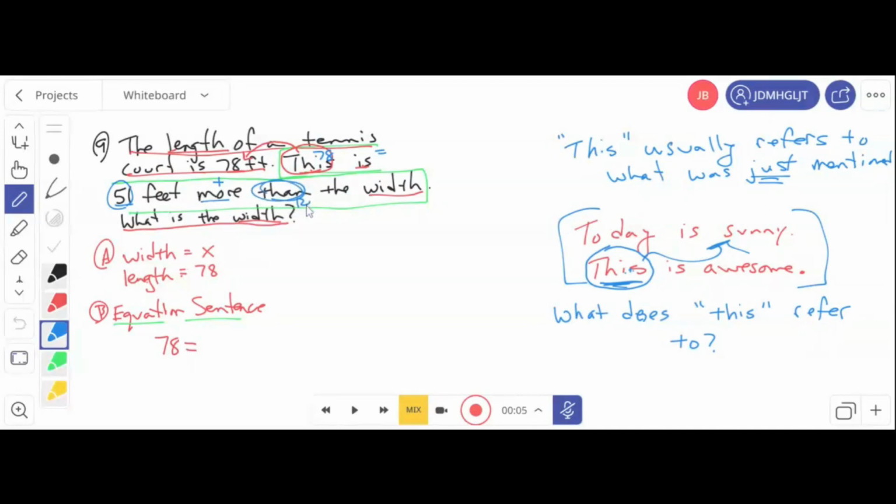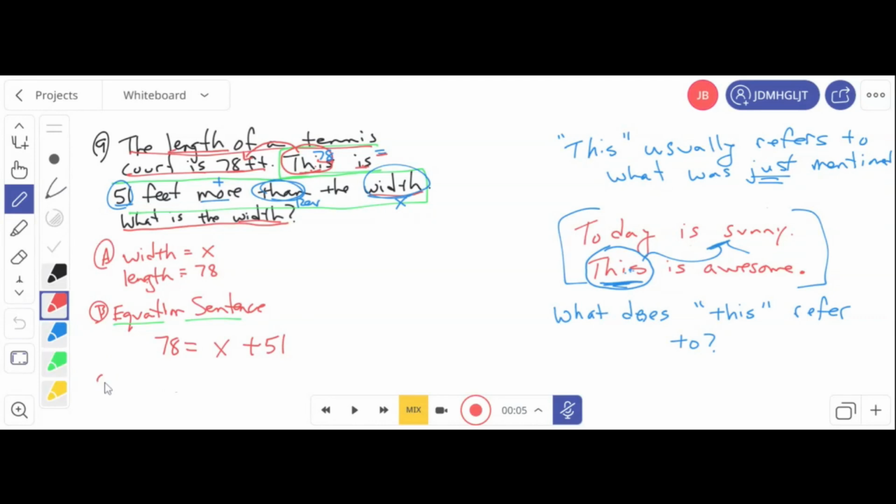Than is our reverse word, the width, which is x. So our equation is 78 equals 51 more than, means we are taking 51 and adding it to the width. Okay, so we get 78 equals x plus 51.